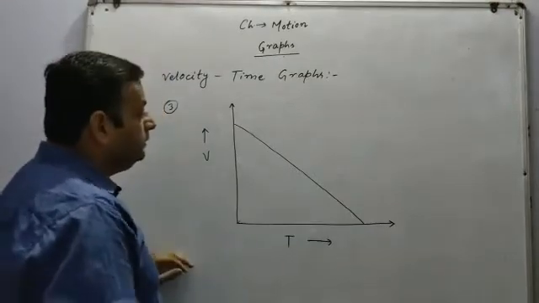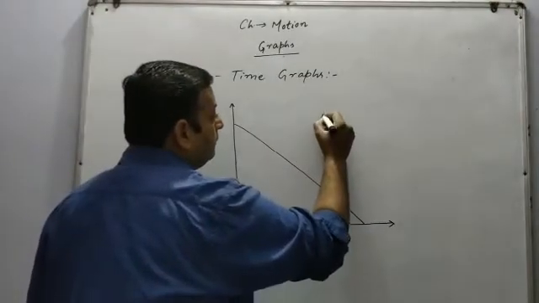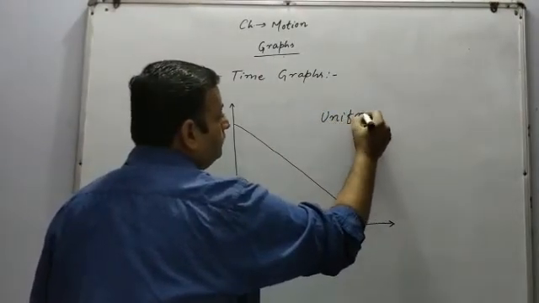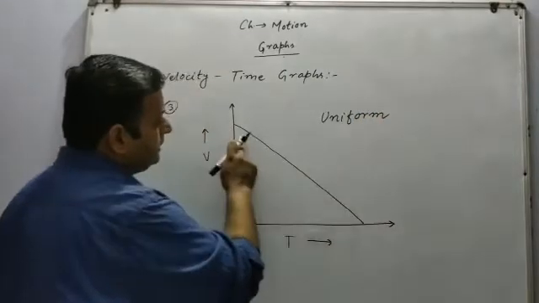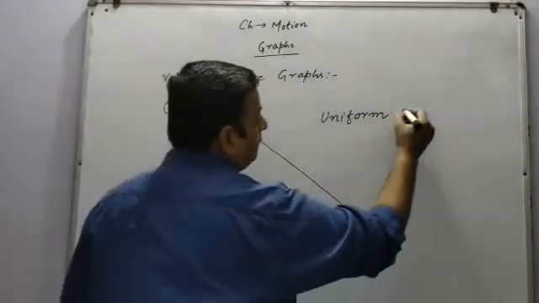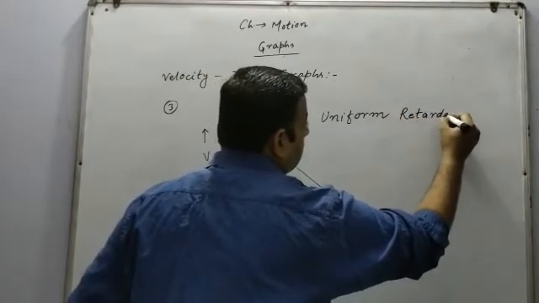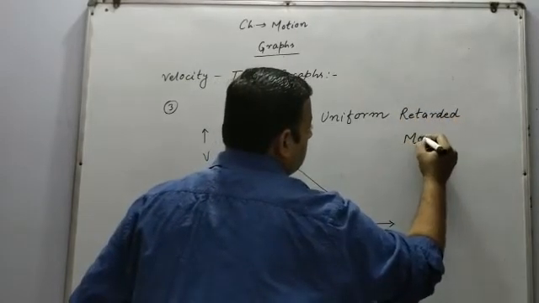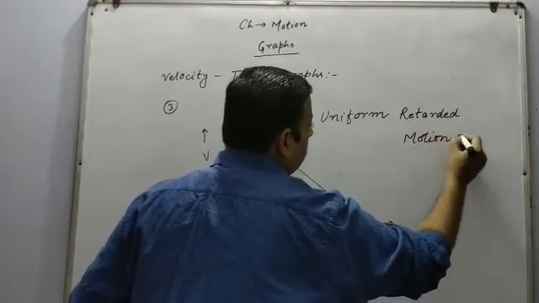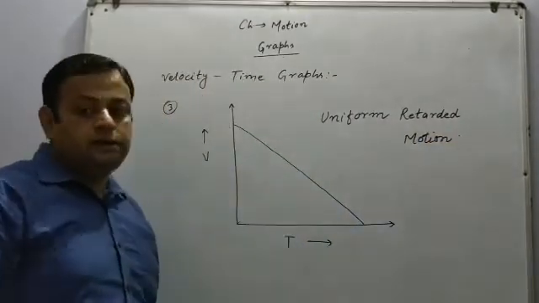So we can say this graph represents uniform, because it is a straight line, uniform retarded motion.